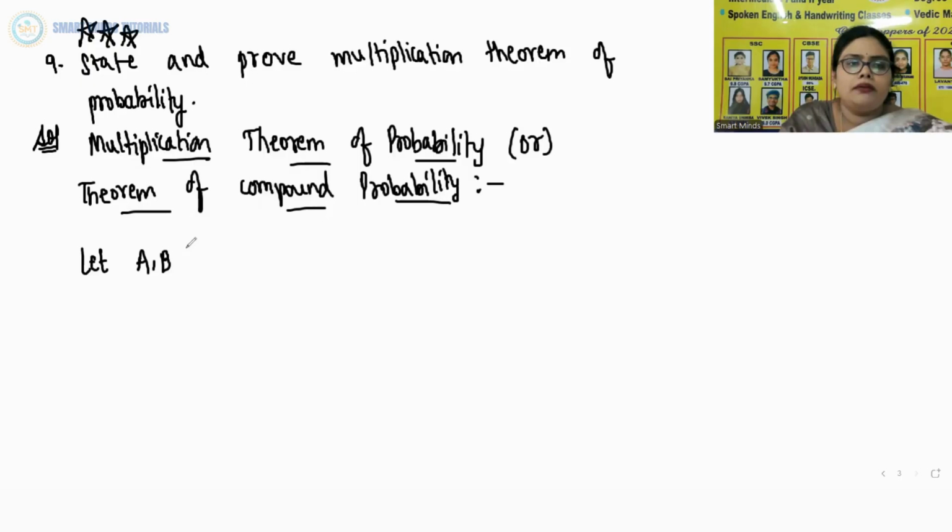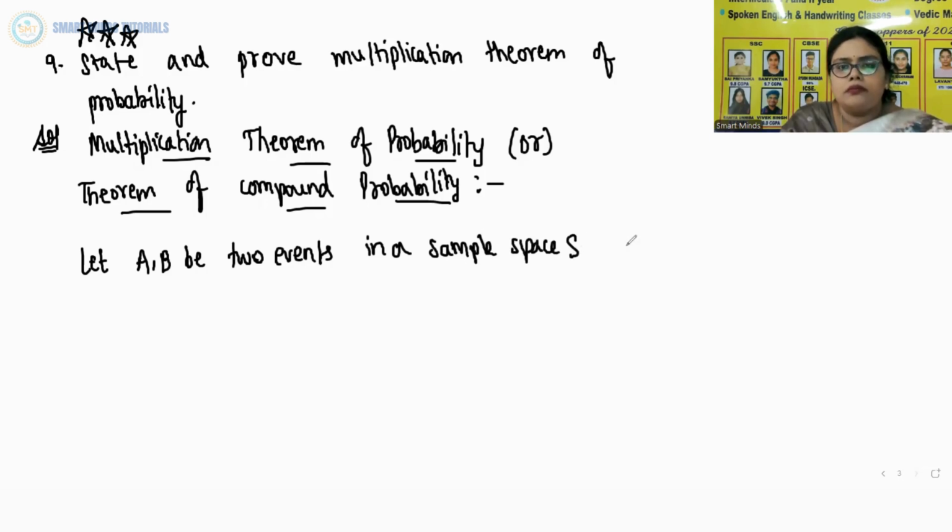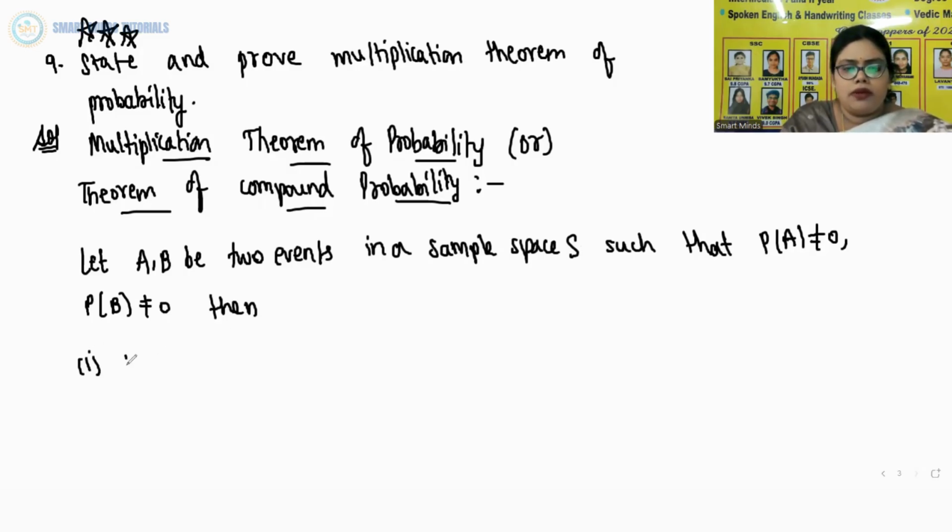Let A, B be two events in a sample space S such that P of A is not equal to 0, P of B is not equal to 0, then number 1, P of A intersection B is equal to P of A into P of B by A. We read this as P of B given A. This is conditional probability.